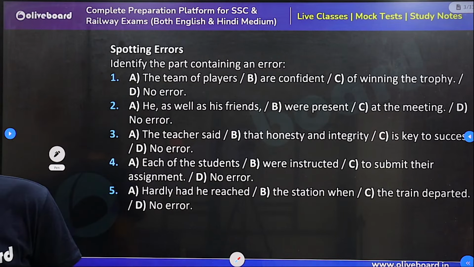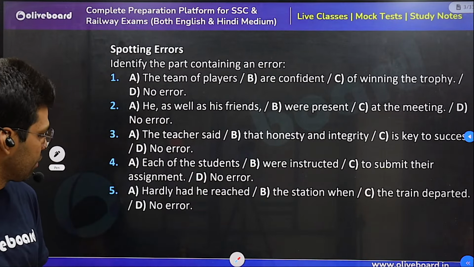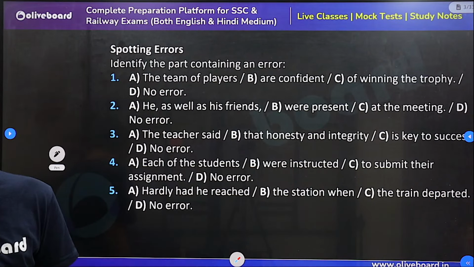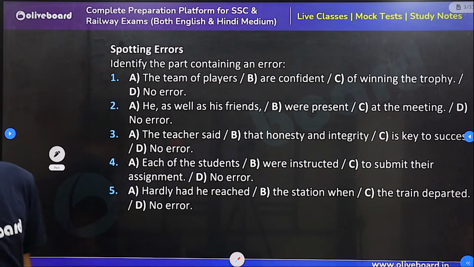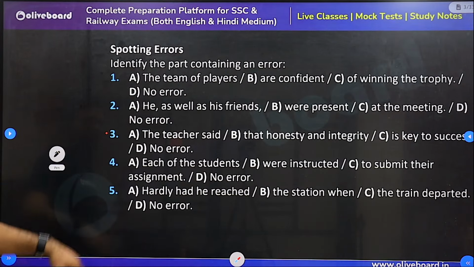Great presence of mind, Shikha. Welcome, Shivani. Radhe Radhe. And what about the last one? And third one is also left.